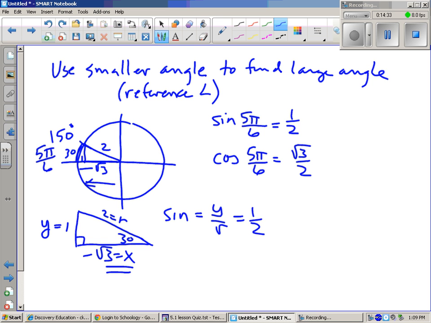Because on the circle there are directions. There's positive and negative directions. So if I'm not in the first quadrant, I might have to change the sign of some of these. So I have to make sure that I make this a -root 3 over 2, because it's in quadrant number 2.